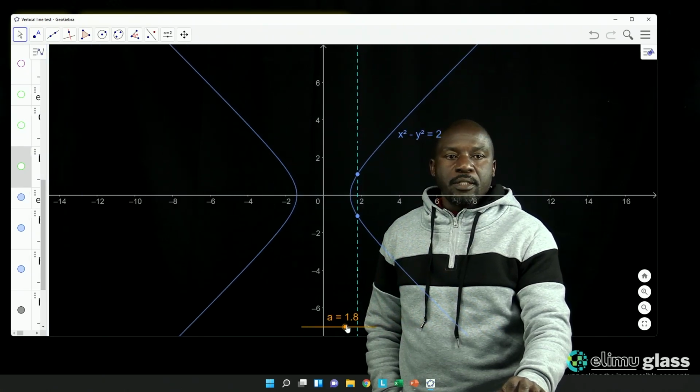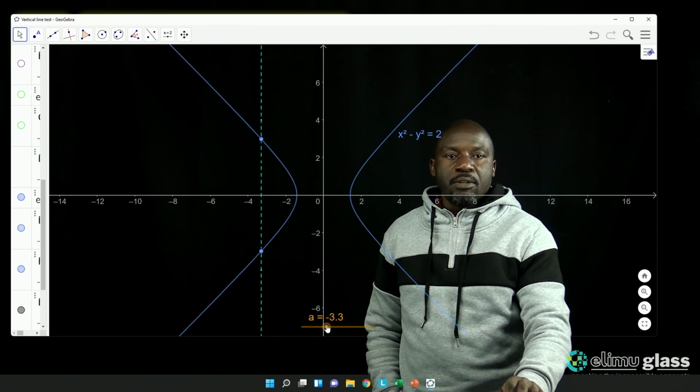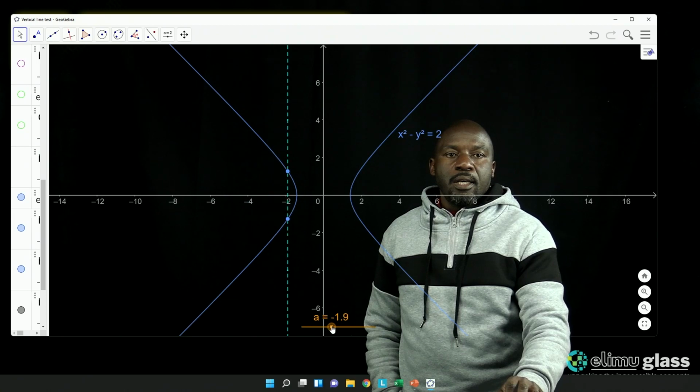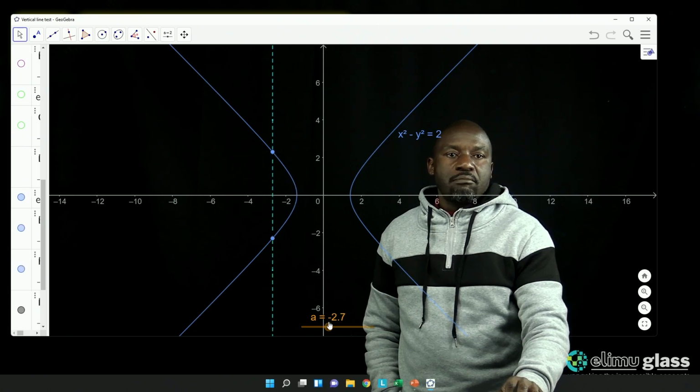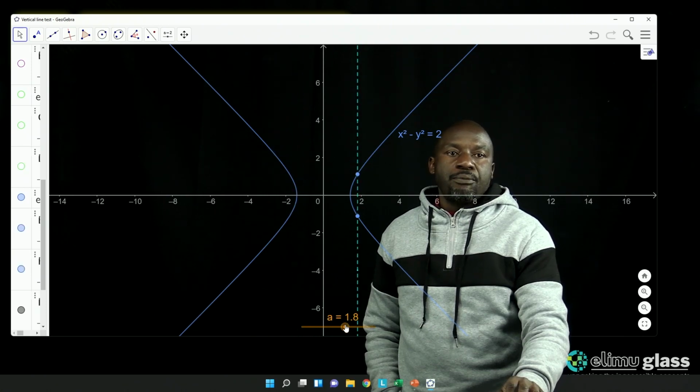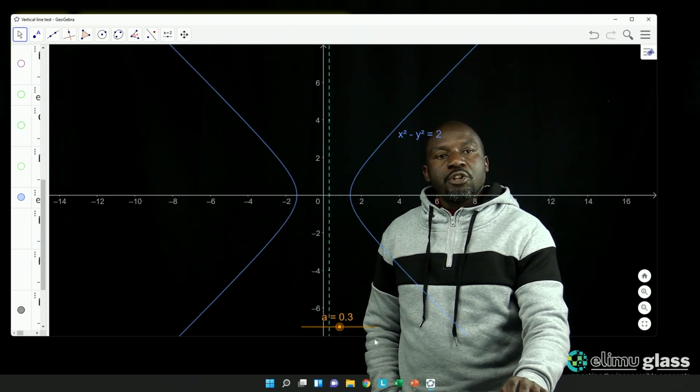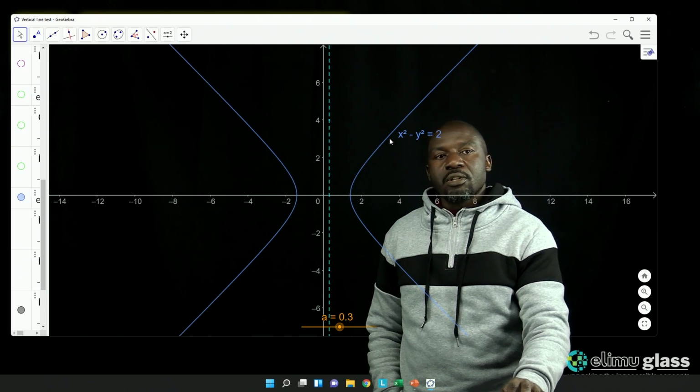Does this qualify as a function? I move my vertical line there. It is crossing at two points. Now it's one spot right at the end there, but because of that, the whole thing fails the vertical line test. And so the equation x squared minus y squared equals 2 is not a function.